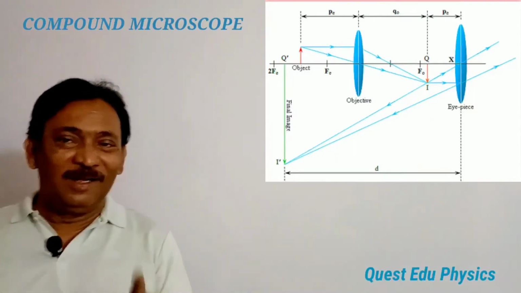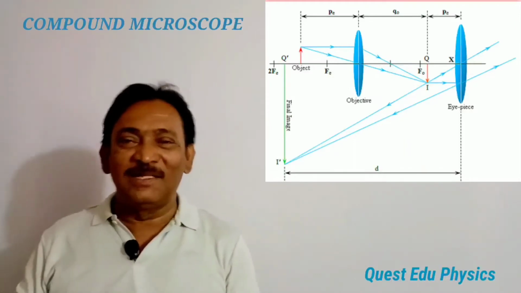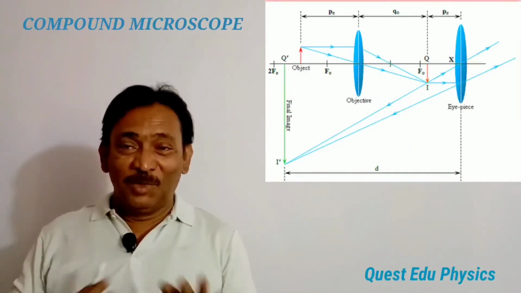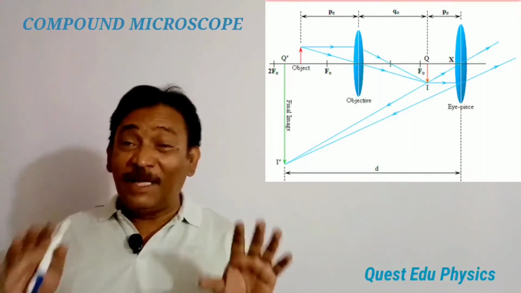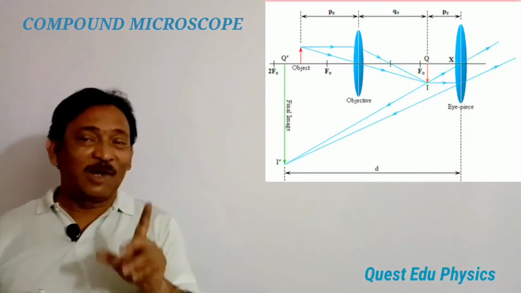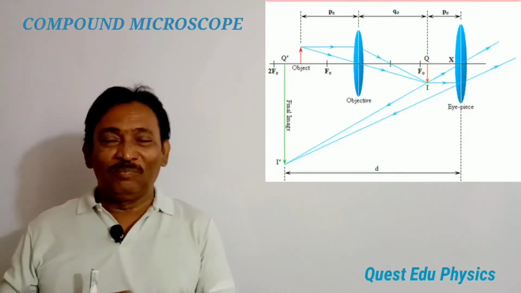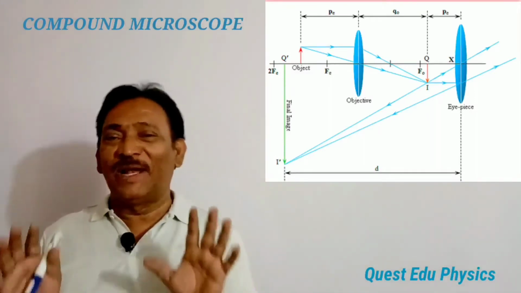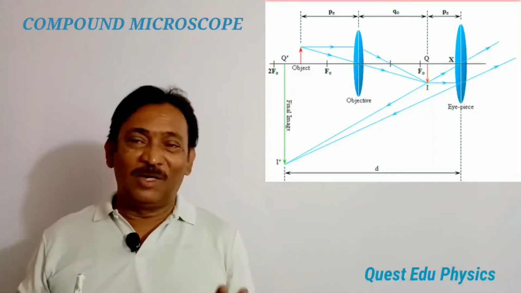That means, by adjusting the distance between the lenses, we can get the image at various positions, students. By using a compound microscope, generally we have two different positions to get the images. Okay, students.